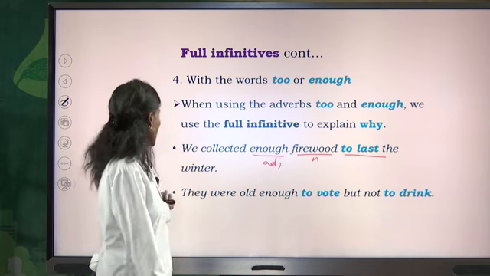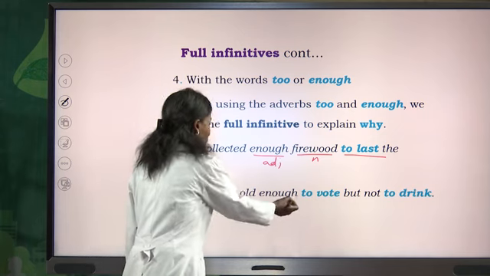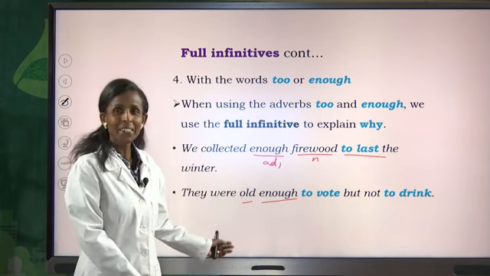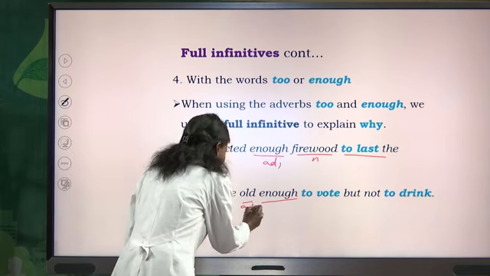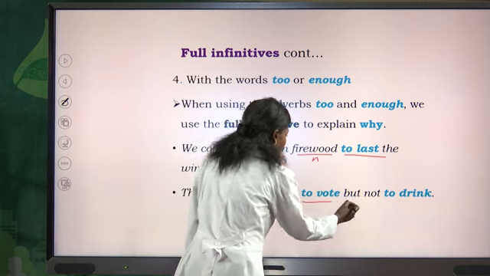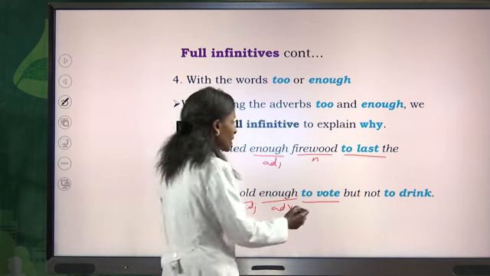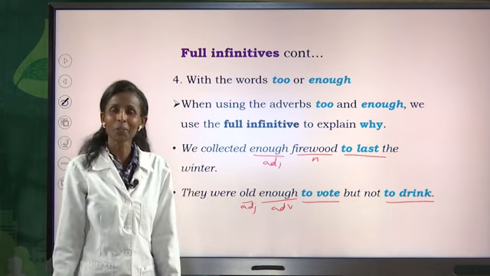The second example, they were old enough to vote. Here you go. That's what I've told you, see. In the second example, you have what? Old, which is an adjective, and enough is used as what? Adverb. So it's immediately followed by an infinitive with to. You see, we got two full infinitives, to vote and to drink.